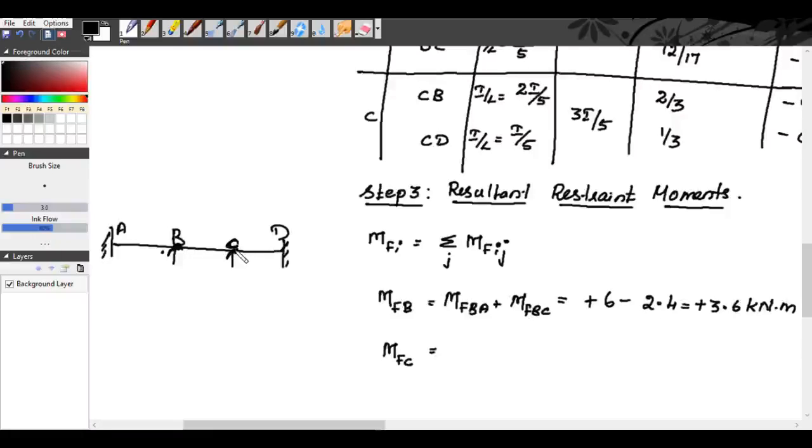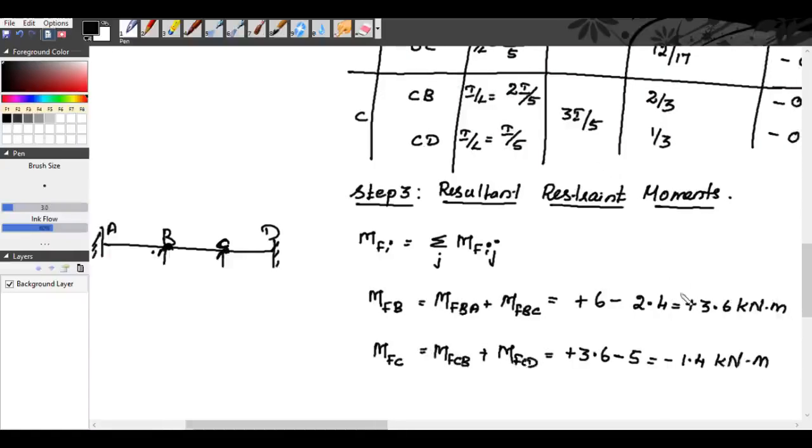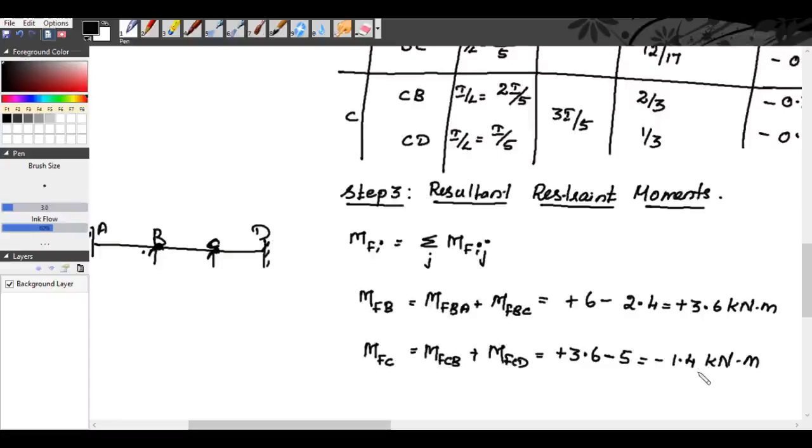So summation of all the fixed end moments at C, that is MFCB plus MFCD, equal to plus 3.6 minus 5, which we have determined in our first step, that is equal to minus 1.4 kilonewton meter. Now remember this 3.6 and minus 1.4.